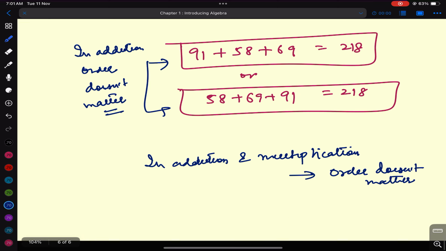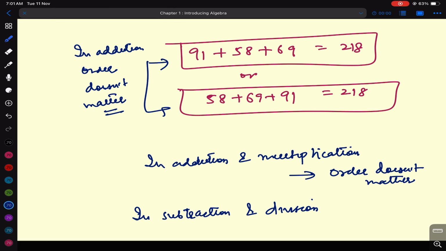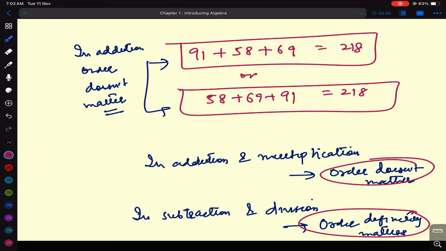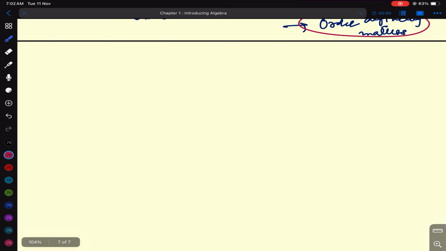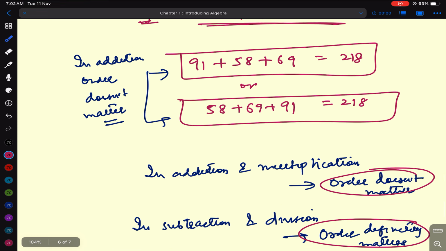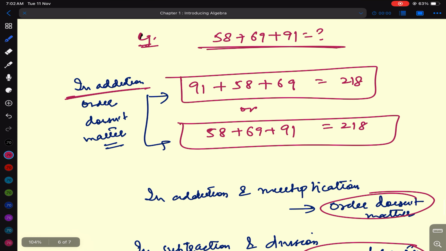And on the other side, when we talk about subtraction and division, that is where the order definitely matters. Clear? So when we talk about addition and multiplication, it doesn't matter. But when we talk about subtraction and division, it does matter, for sure.